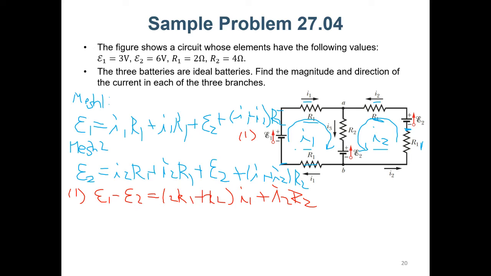So you can see that you have R1 to R1, and then R2 times I1, so that we have R2 here, and then we have R2 times I2, so that we have this term.